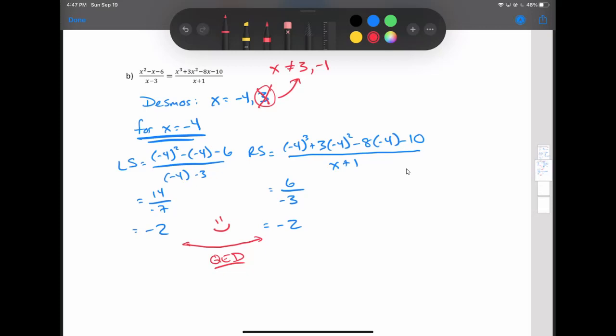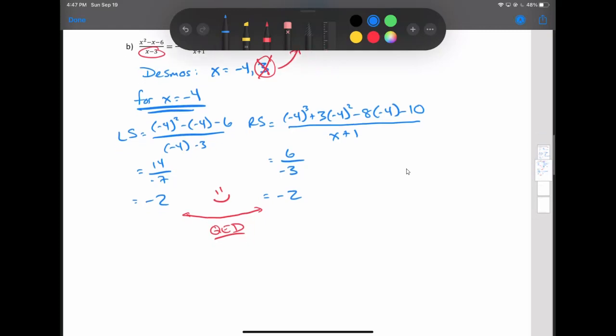And if I did, it would immediately give me a 0 there. So I'd be wasting my time. So it turns out that the only answer I get, regardless of what Desmos says, is -4. That's the only answer to my question.